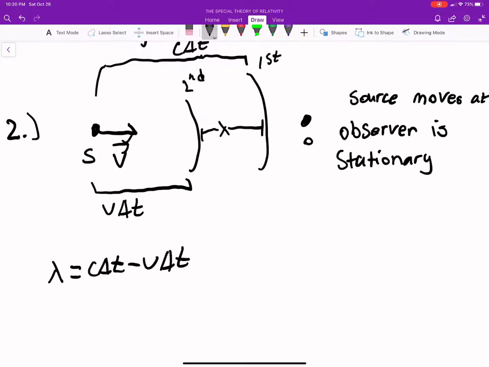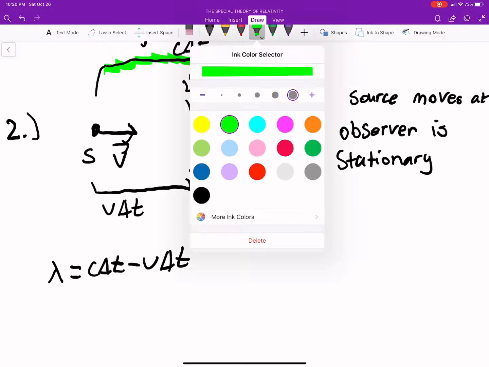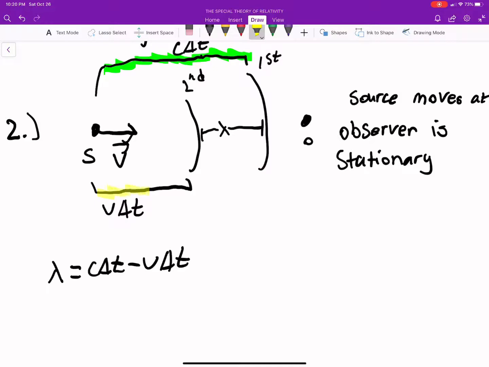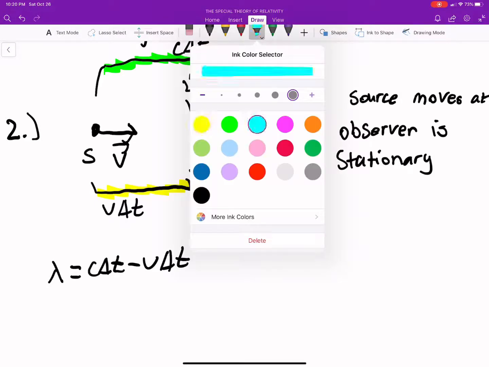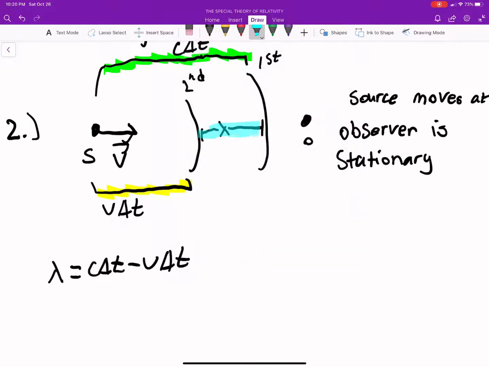So if we take this whole bit and we subtract just this bit, we're left with our wavelength. Hopefully that makes sense. We could factor out a delta t, and you get lambda equals delta t times c minus v.